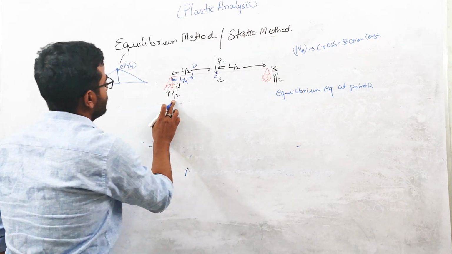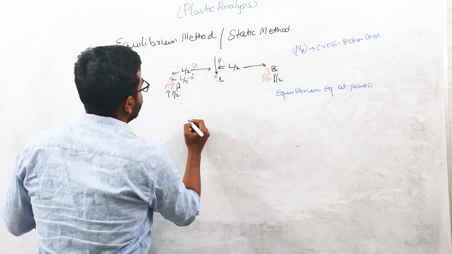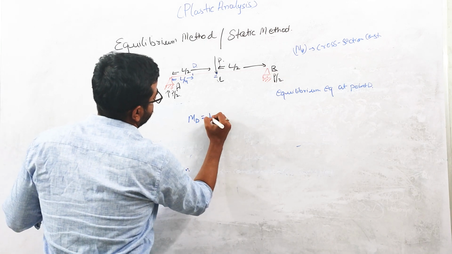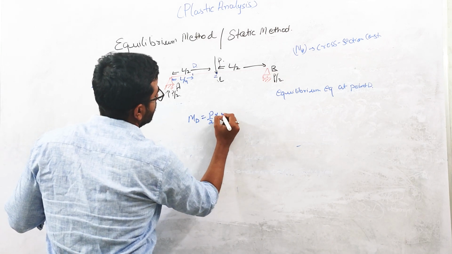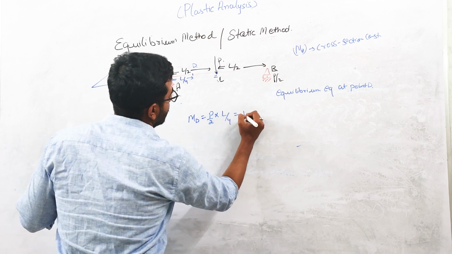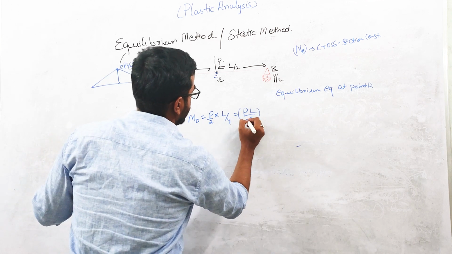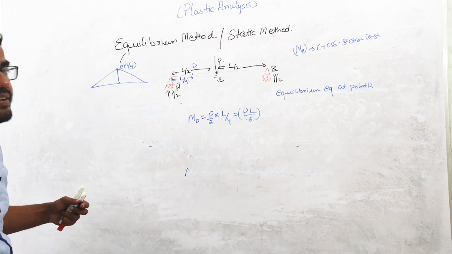At this point the load is P by 2, so the moment MD will be P by 2 into L by 4, which equals PL by 8.